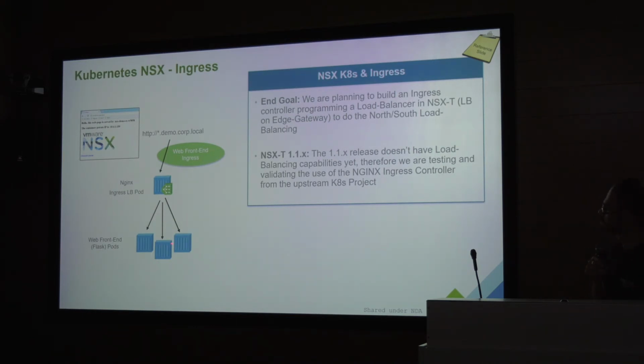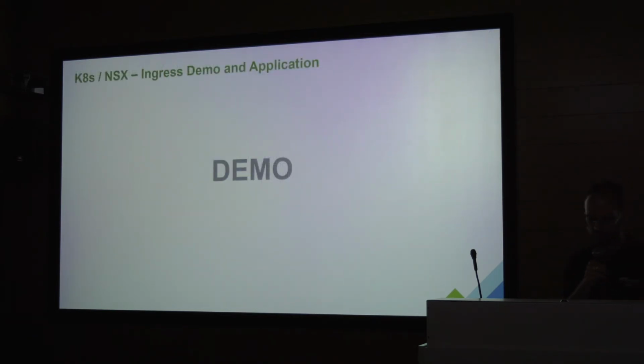Currently we have these pods created as a replica set, and we'll use Nginx for load balancing of traffic from the external environment. Okay, a very short demo there, and then we'll jump into security, which will be the last part of my demo.